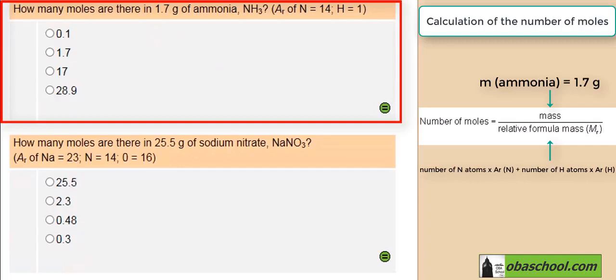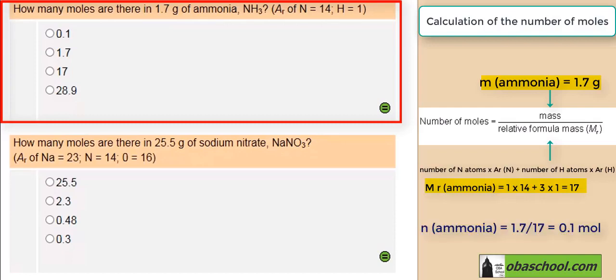So we summed up the relative masses of all the constituents of ammonia, and that is 1 nitrogen atom and 3 hydrogen atoms. That is equal to 14 plus 3, which is 17. So now we have both the numerator and the denominator. If we divide 1.7 by 17, the answer is 0.1.